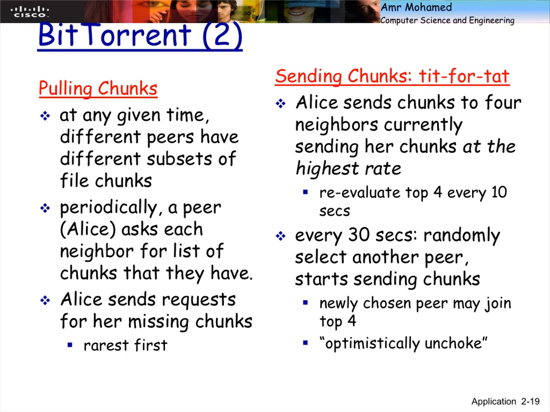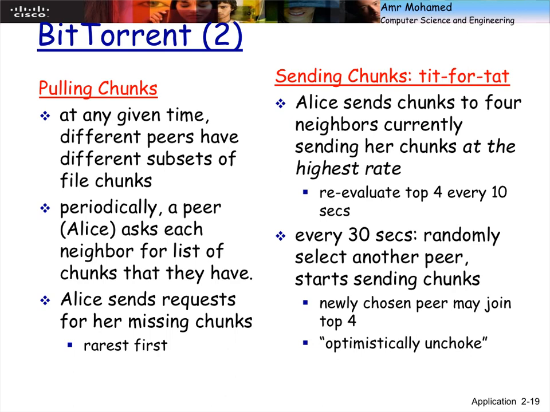Peer 1, for example, has chunks 1, 3 and 5. Peer 2 has 2, 6 and 10. Peer 3 has, and so on. So now I have this information. Which chunk should I download?